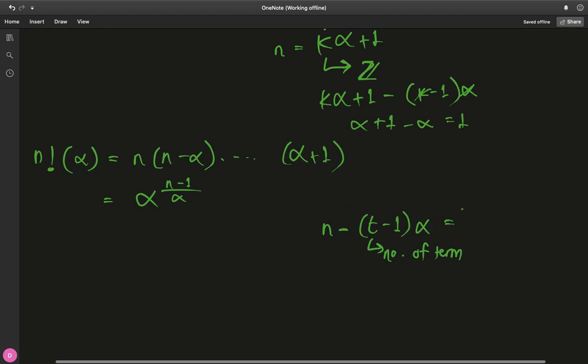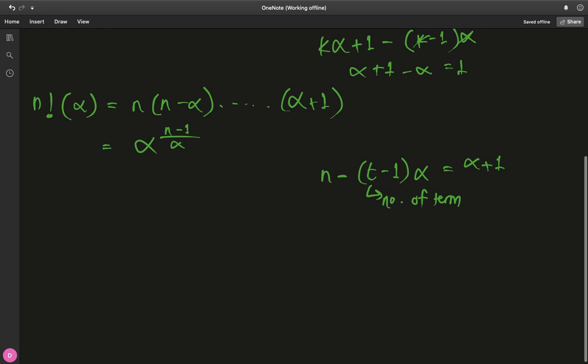We want this equal to alpha plus 1 to actually see how many terms there are in this multiple factorial up to alpha plus 1. And we need to make t the subject of the equation to find what number of term that is. So when I do that, I have basically n minus 1 and alpha plus t minus 1 times alpha.